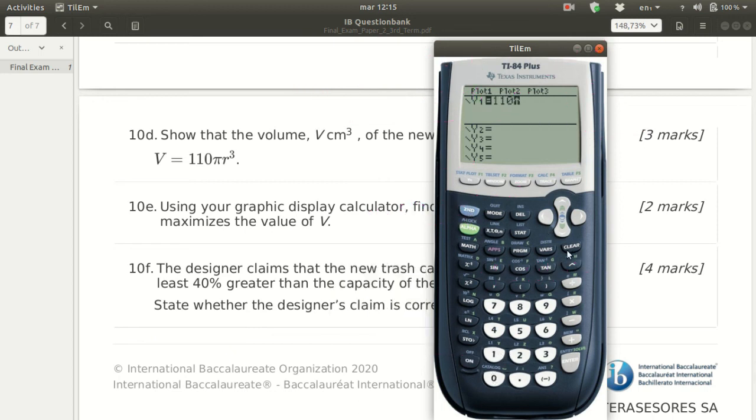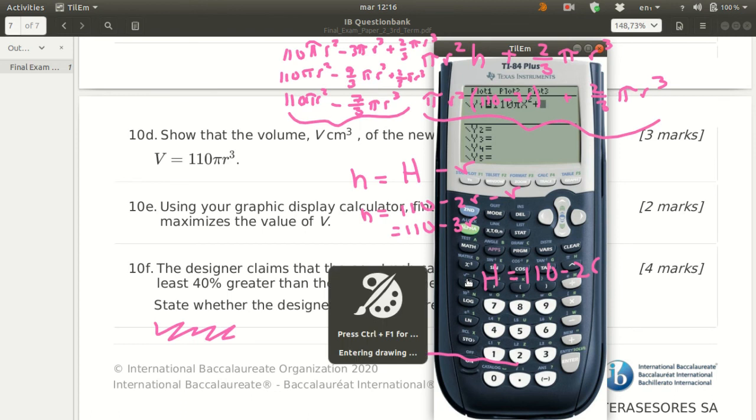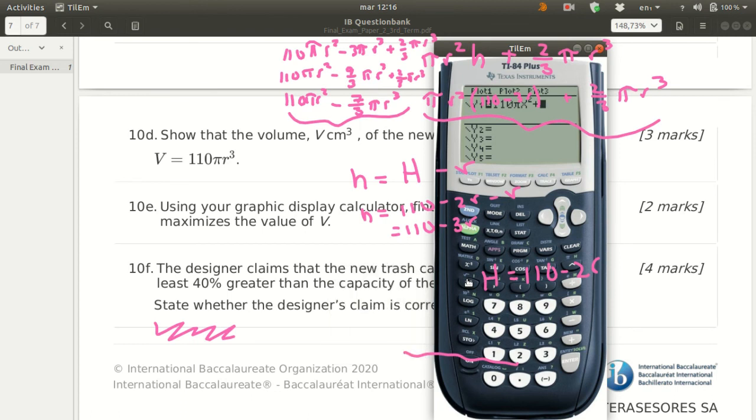110 pi x squared plus or minus 7/3 pi r cubed.